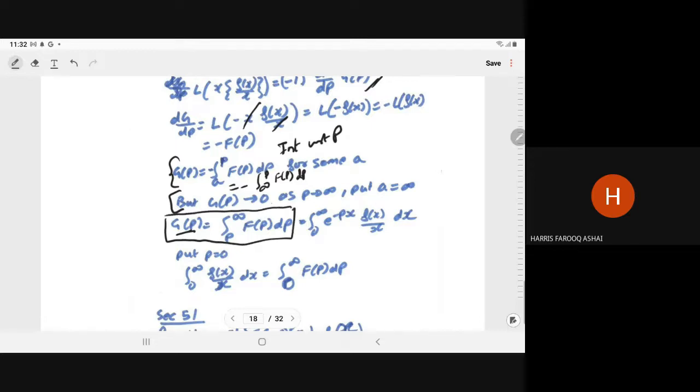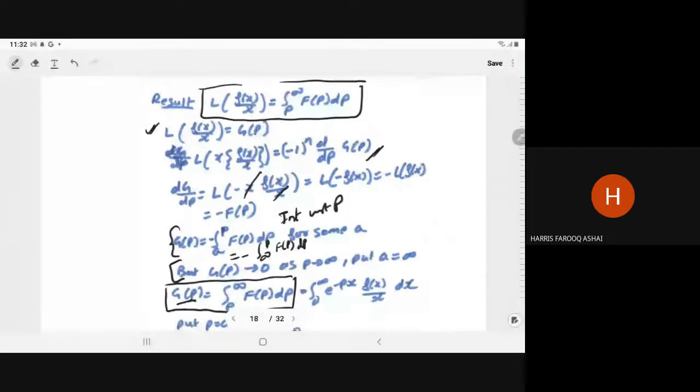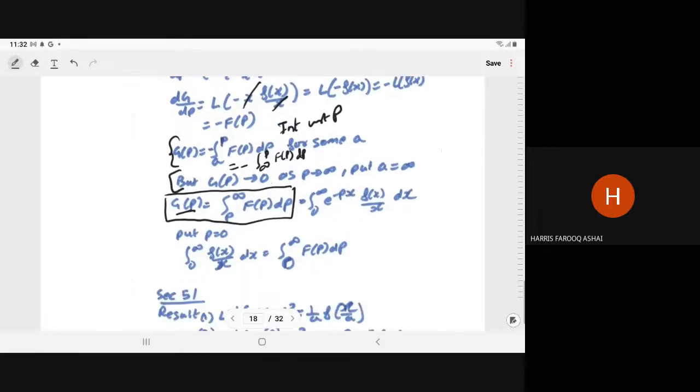And g(p) is the Laplace transform of f(x) upon x. And by the formula, this is equal to the integral from 0 to infinity of e^(-px) f(x) upon x into dx.